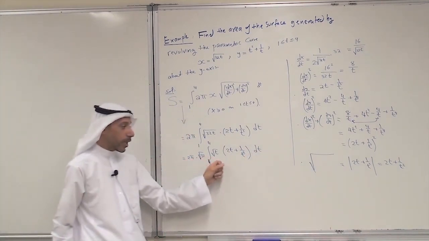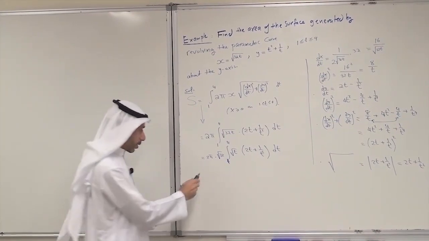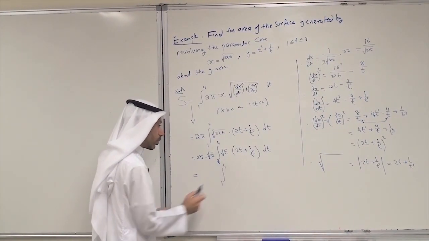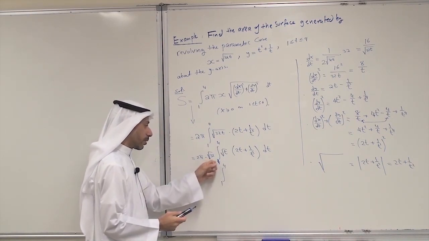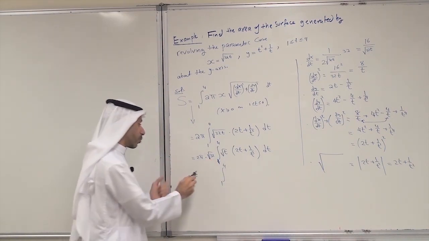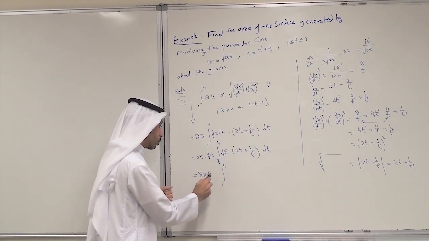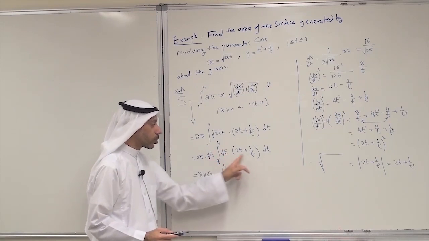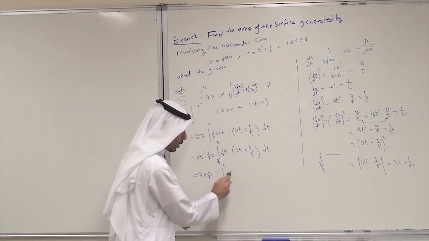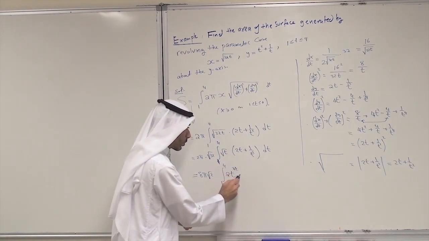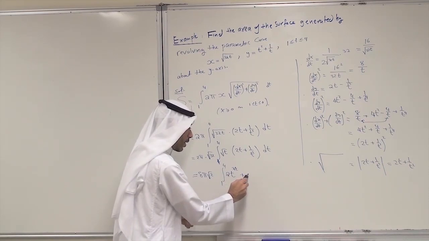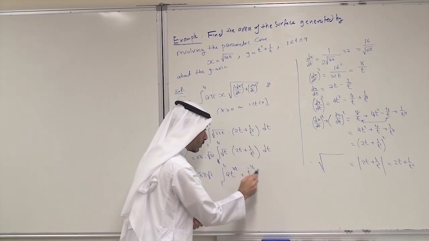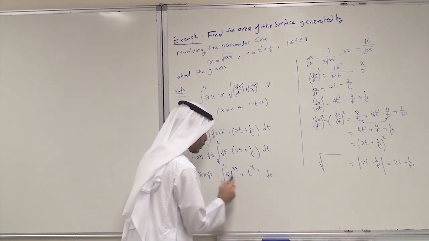To integrate, first we have to multiply. This becomes the integral from 1 to 4, root 32 is 4 root 2. When you simplify, this is t^(1/2) multiplied with 2t, giving 2t^(3/2) plus t^(-3/2) dt.